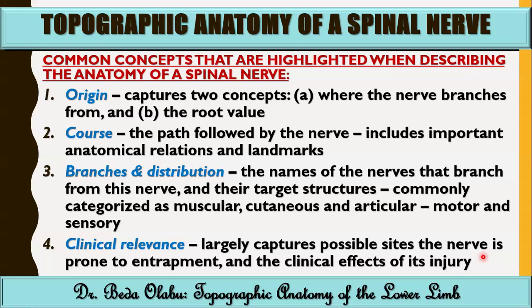So you describe the region of the body. If this nerve was supplying muscles that cause the ankle joint to dorsiflex, for example, and is the only nerve that supplies these muscles, then if this nerve is injured, you definitely lose dorsiflexion.